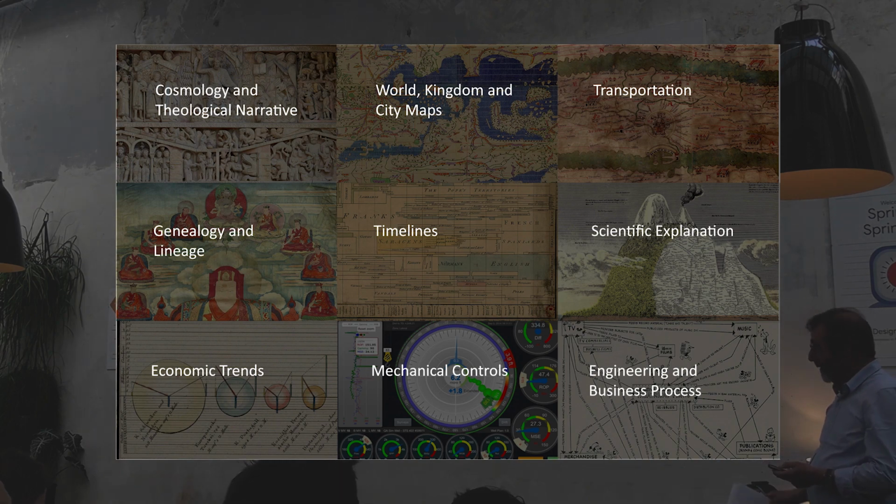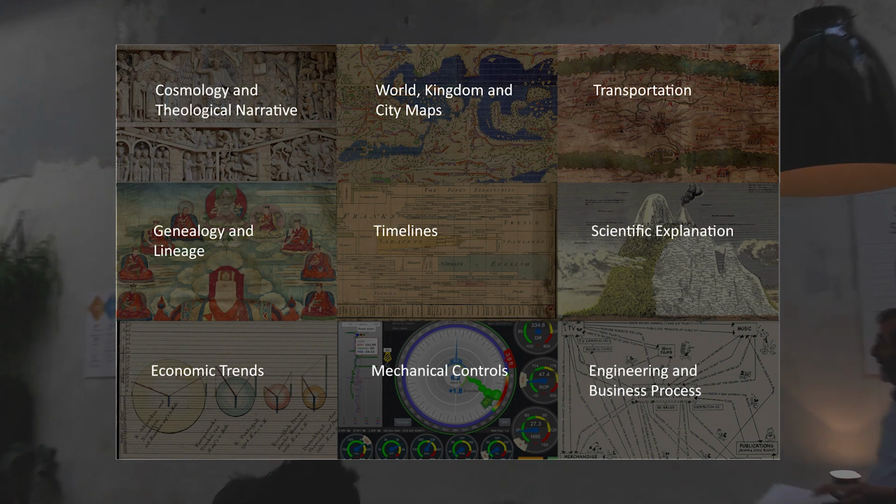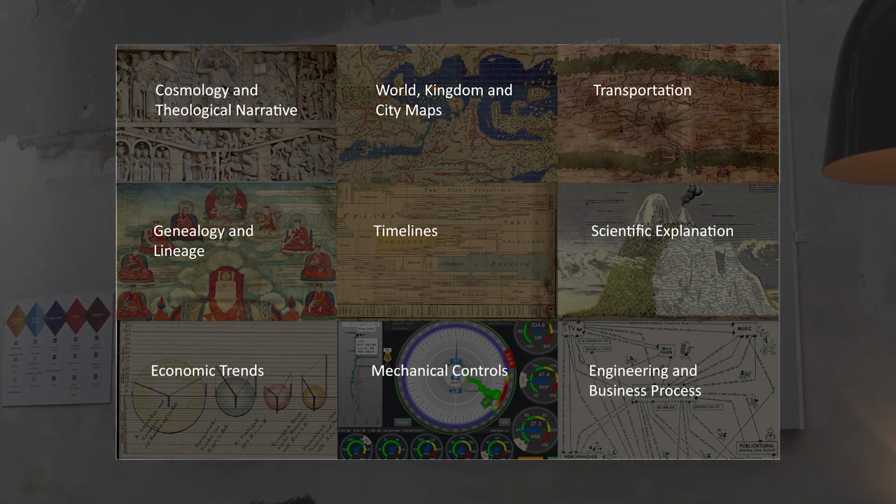And the nine themes are cosmology and theological narrative, world, kingdom, and city maps, transportation diagrams, genealogy and lineage, timelines, scientific explanation, economic trends, mechanical controls, and engineering and business process.